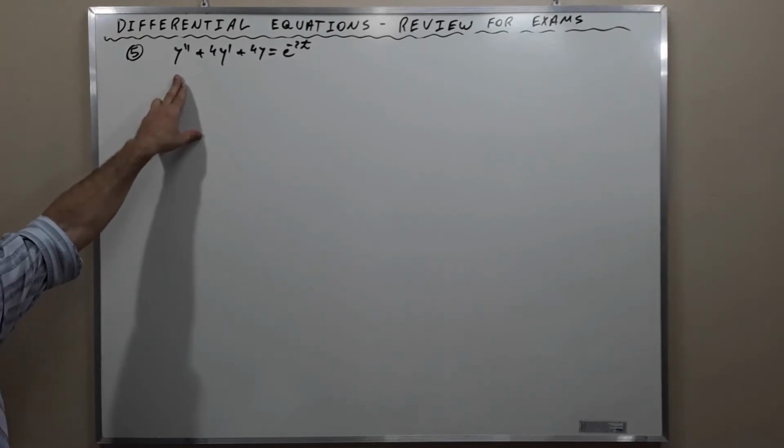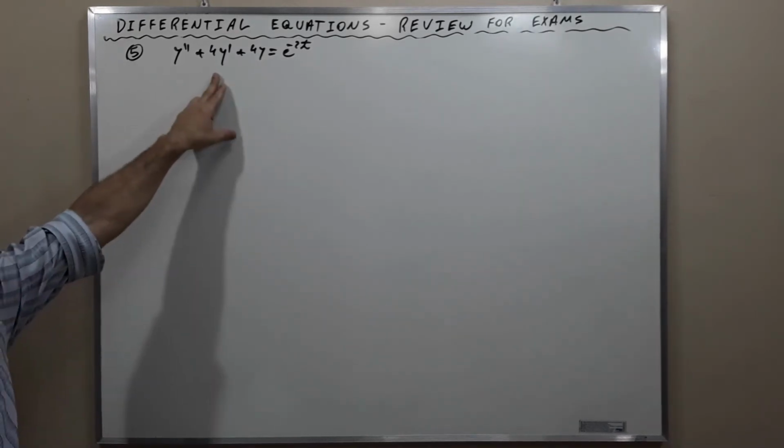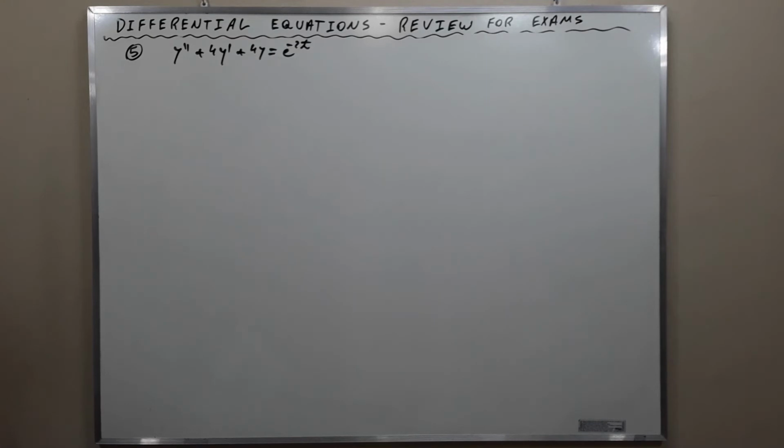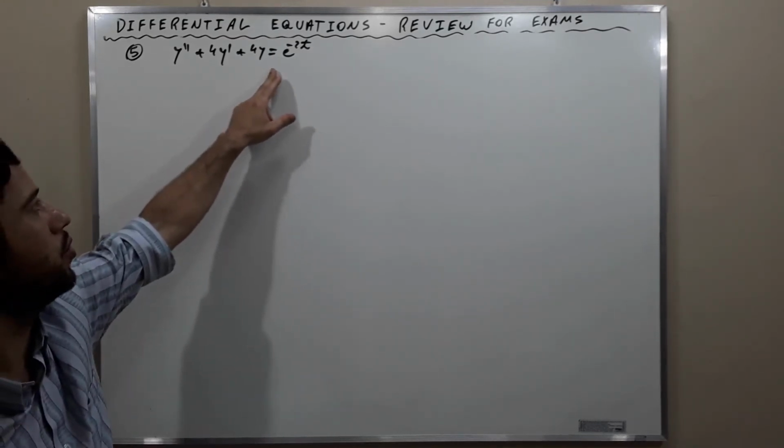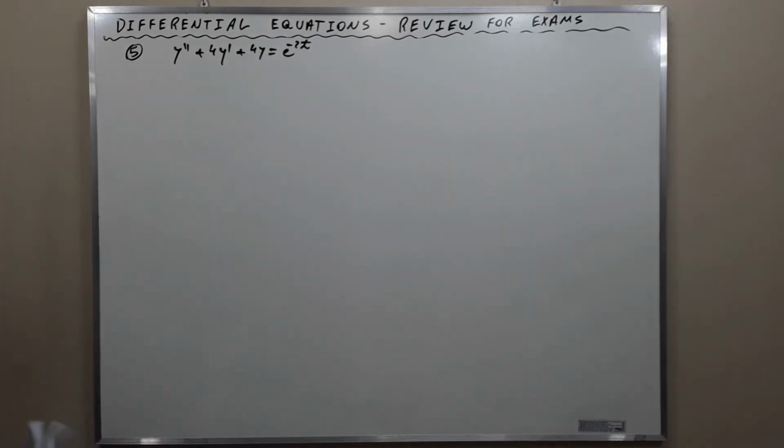The second derivative of y with respect to time plus 4 times the derivative of y with respect to time plus 4 times y is equal to e raised to the power of negative 2t. Firstly, we need to find the homogeneous solution, and the homogeneous solution is found by using the characteristic equation.